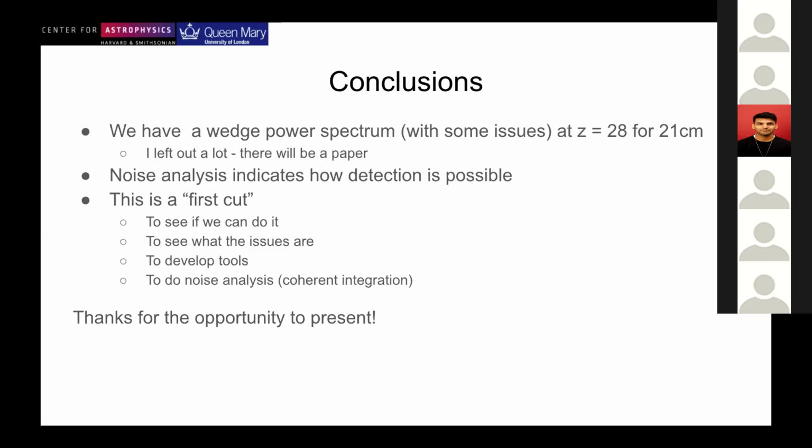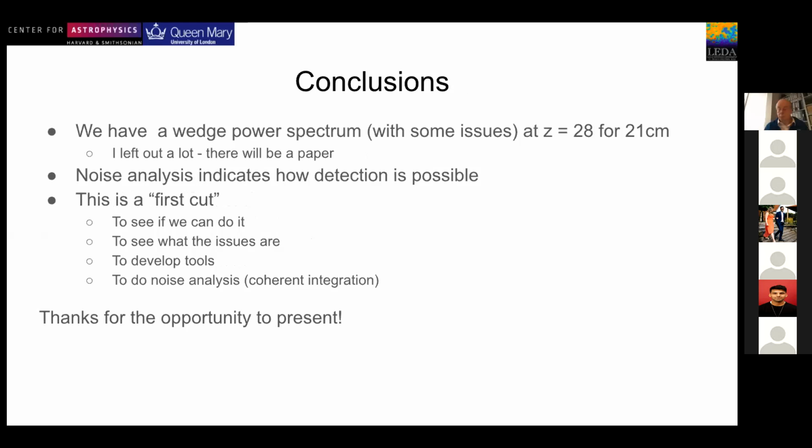This is our first attempt to make sure that we can do it, find out what the issues are, and develop tools and do the noise analysis. So thanks for the opportunity for me to give this talk, and I'll finish there.